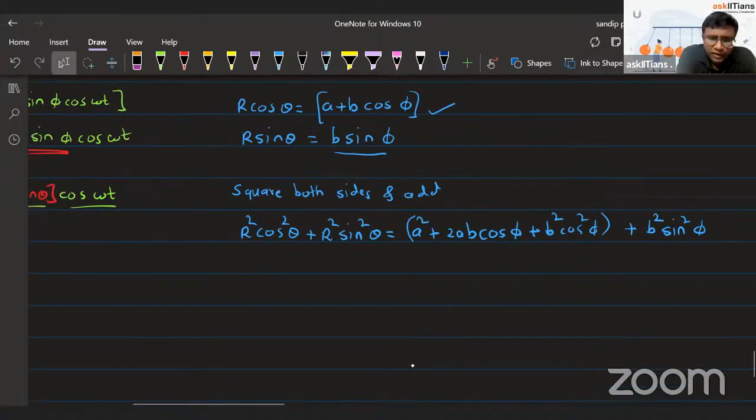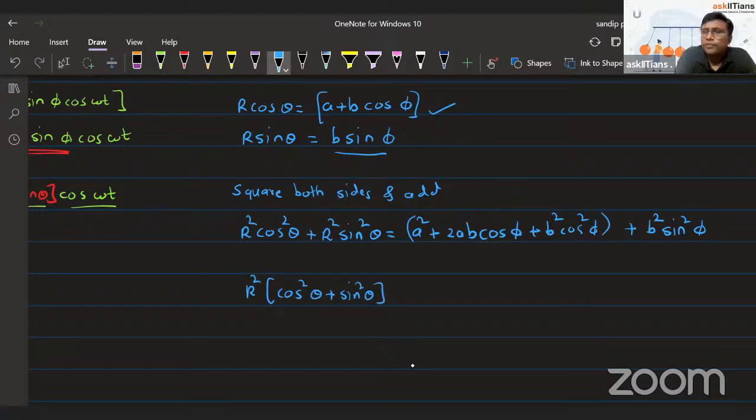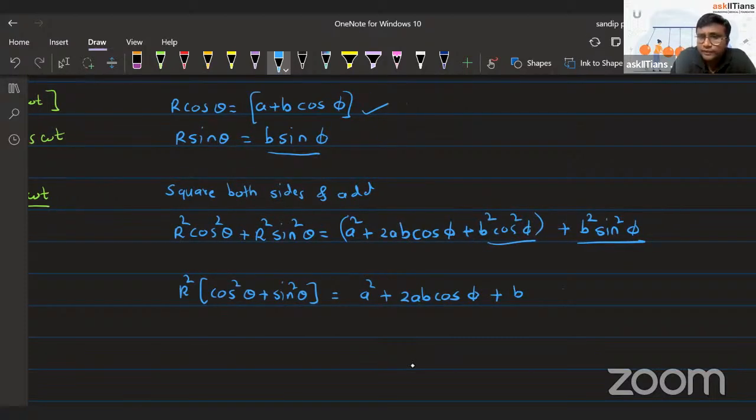Now, from these two, I will take the r square common: cos square theta plus sine square theta. Here, a square, we can keep it as it is. This 2ab cos phi, let's keep it as it is. Plus, now from these two, I'm going to take the b square outside.